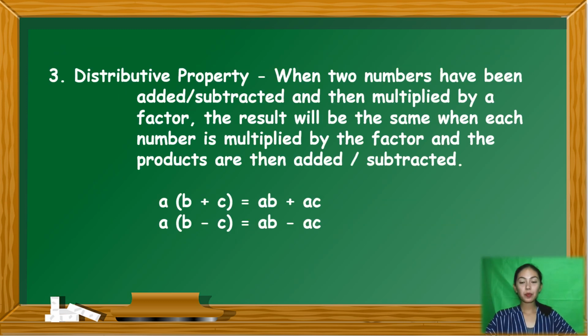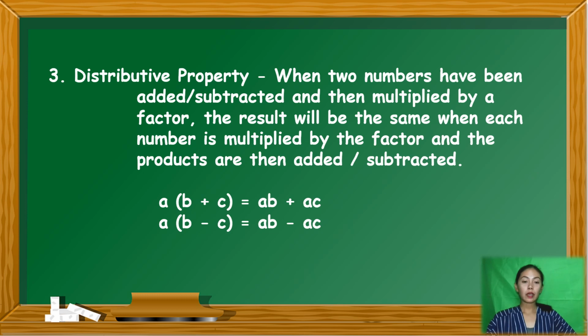Next property is the distributive property. When two numbers have been added or subtracted and then multiplied by a factor, the result will be the same when each number is multiplied by the factor and the products are then added or subtracted.